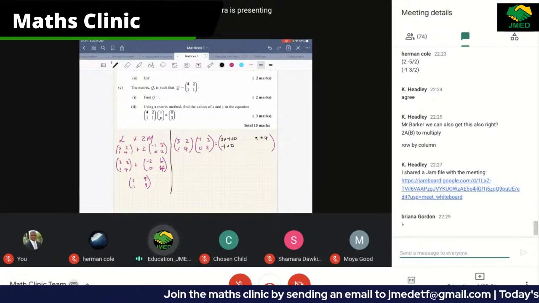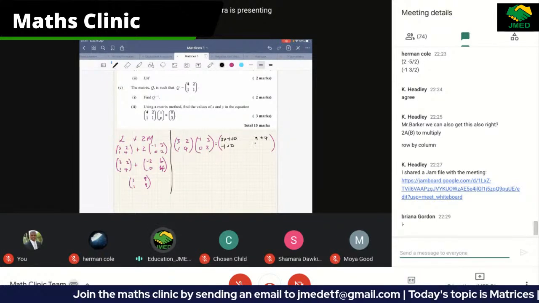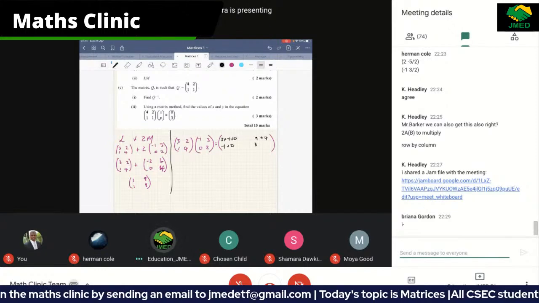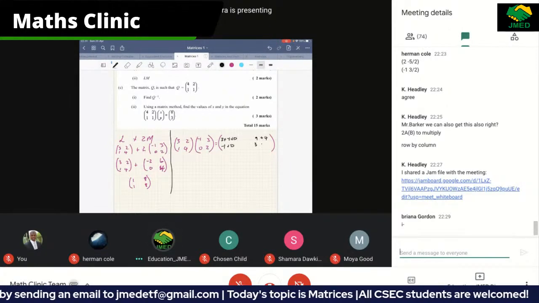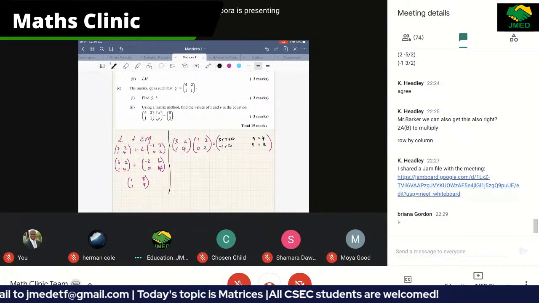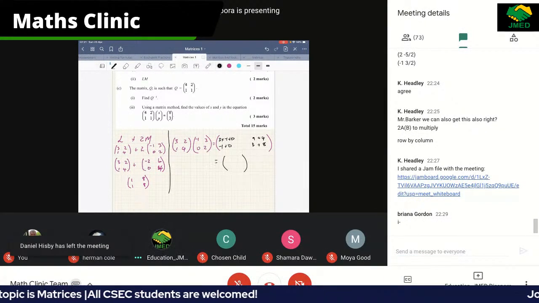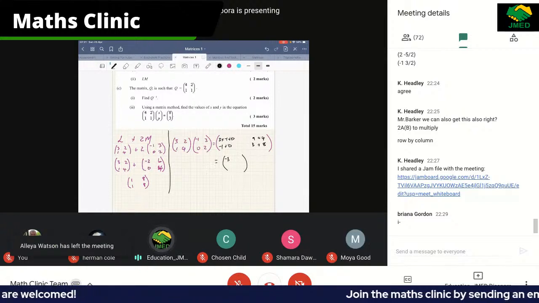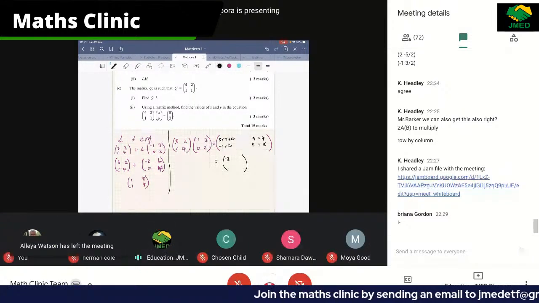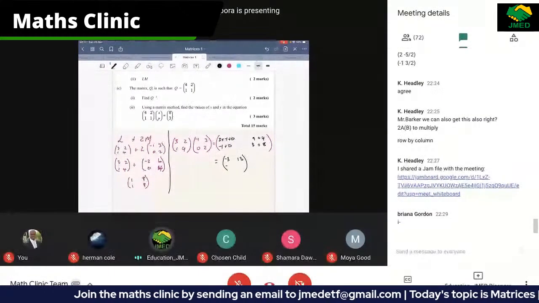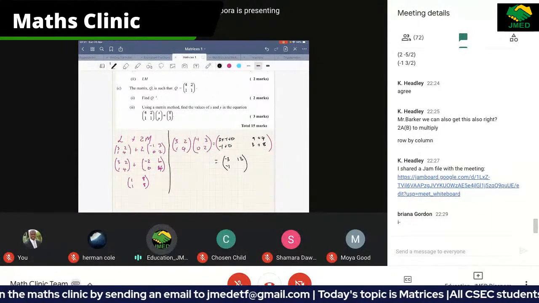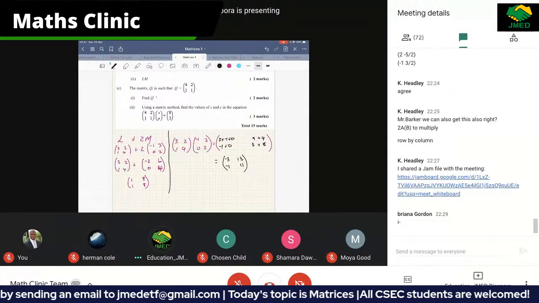And 3 times 1 is 3. 4 times 2 is 8. If we simplify that, we will have negative 3. 9 and 4 is 13. 0 plus negative 1 is negative 1. And 8 and 3 is 11.